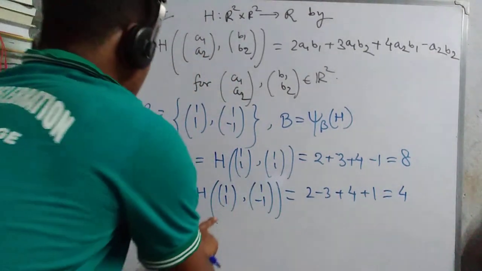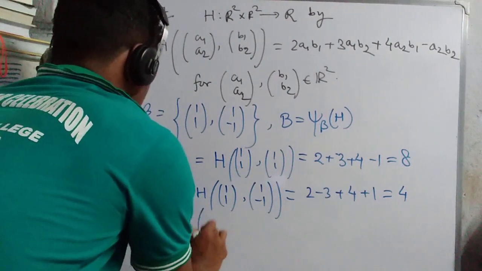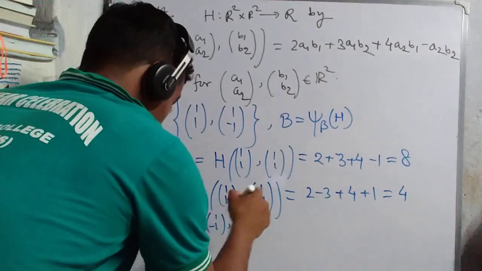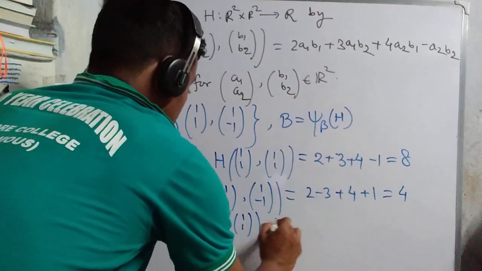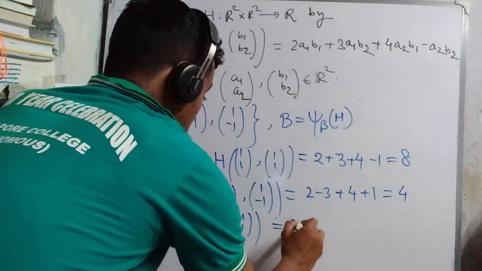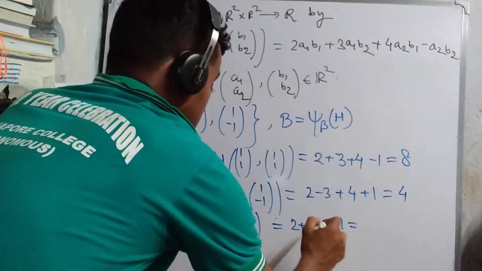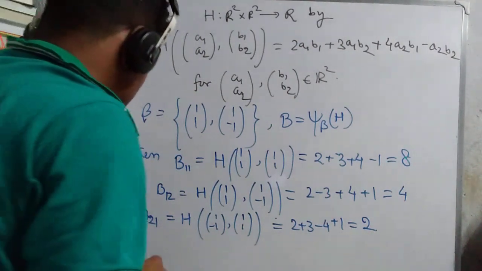And B21 equal to H of (1,-1), (1,1), equal to 2 plus 3 minus 4 plus 1, equal to 2.